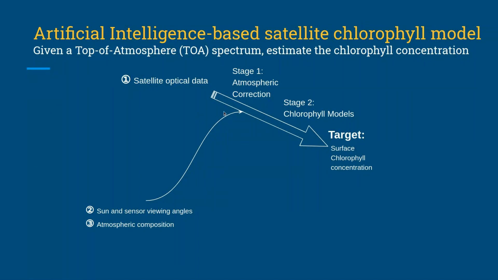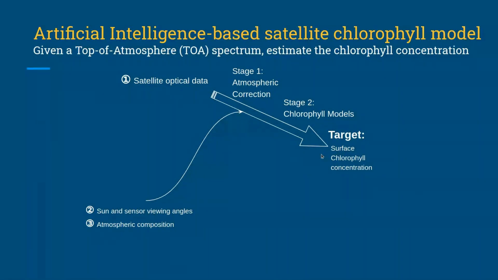So that's why typically when we try to derive chlorophyll concentration from satellite data, we do atmospheric correction to remove the atmospheric signal using not only satellite data but also a whole bunch of ancillary data which characterizes the sun and sensor viewing geometry as well as the atmospheric composition. And then in the next stage, we use the output of this first stage to derive chlorophyll using some algorithm.